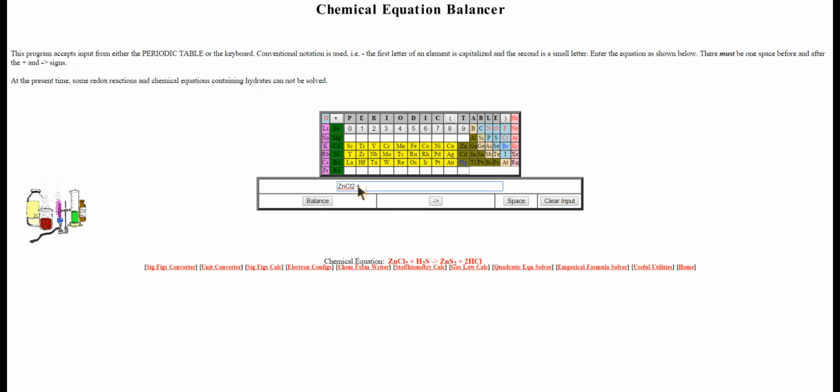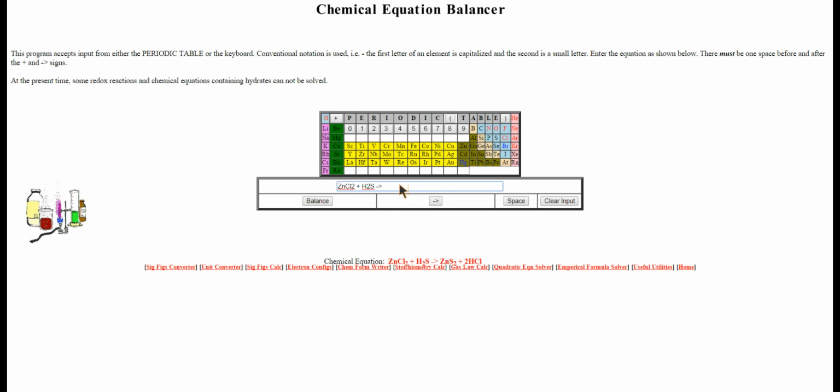Then we need hydrogen sulfide gas, HS. Okay? Once again, not balanced. Sulfur has a charge of -2, hydrogen +1, so we need H2S. Give a space. This button here is your equal. And then you need another space.